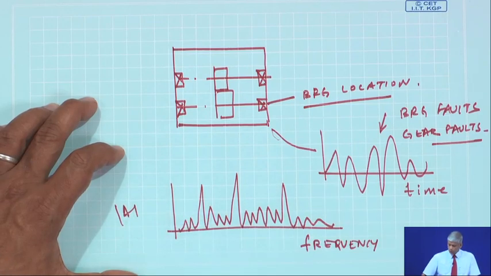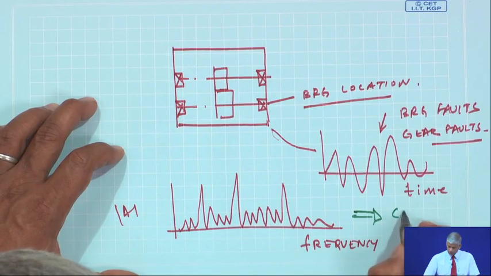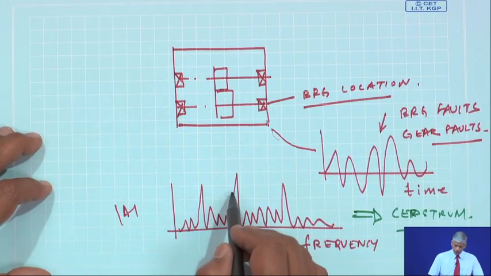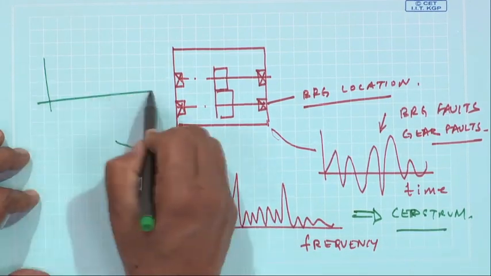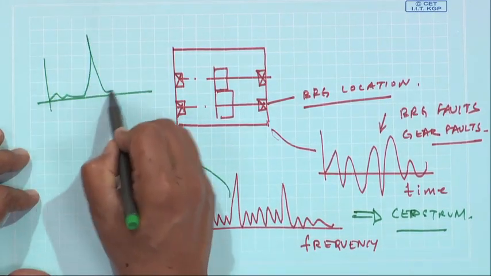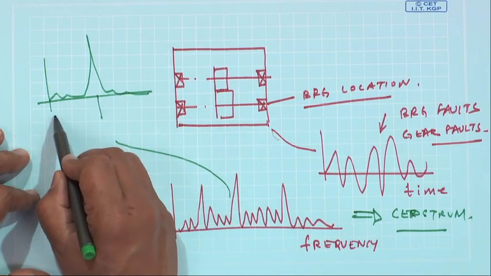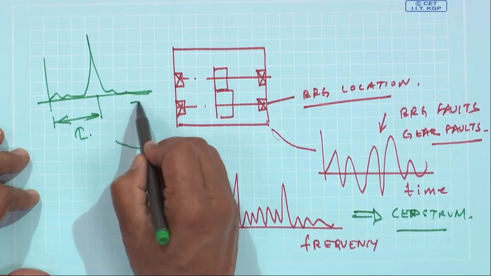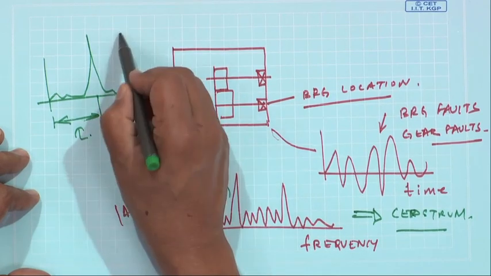Some amplitude. So, Cepstrum is going to help you. If I do a Cepstrum, maybe you will see one peak, okay, and this time period, this is in time, and this is the Cepstrum.